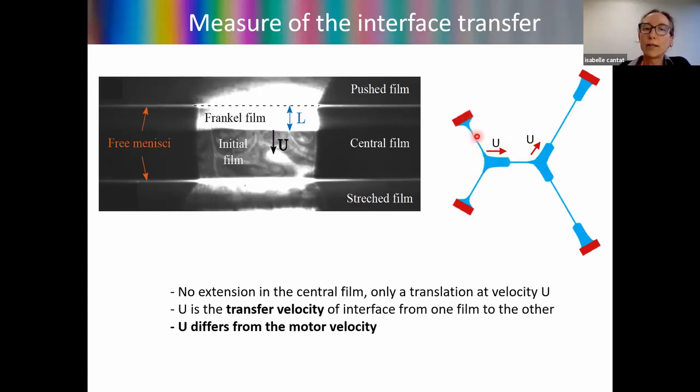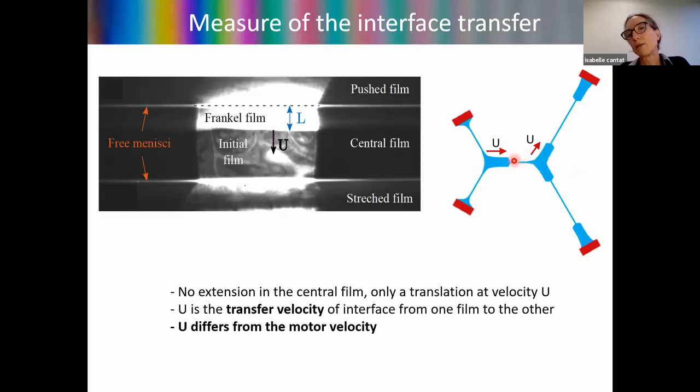When the interface slides on the meniscus and goes out on the other side, by going out of the meniscus it will drag some foaming solution from the meniscus, which plays the role of a reservoir. And this is the origin of the Frankel films in the central film. The same thing happens on the other side.